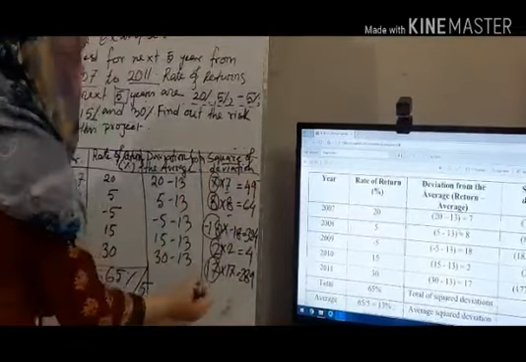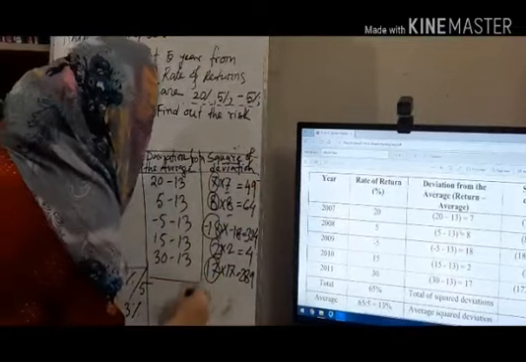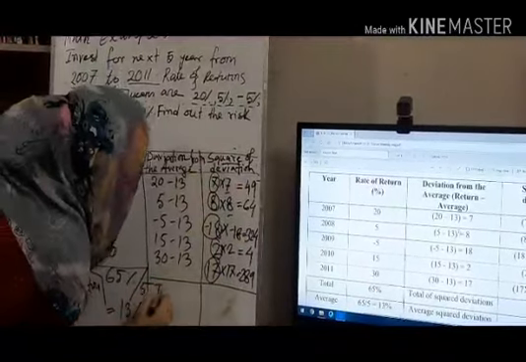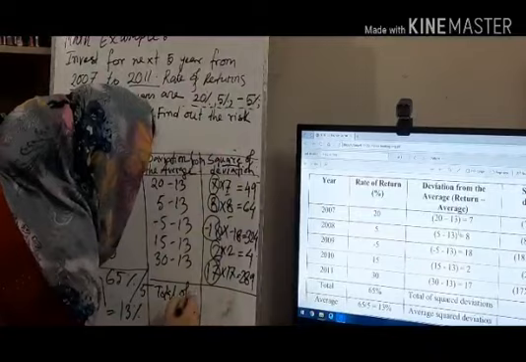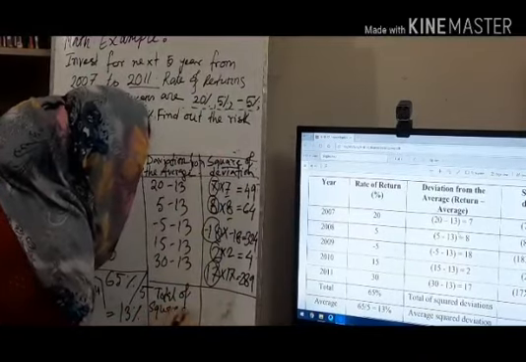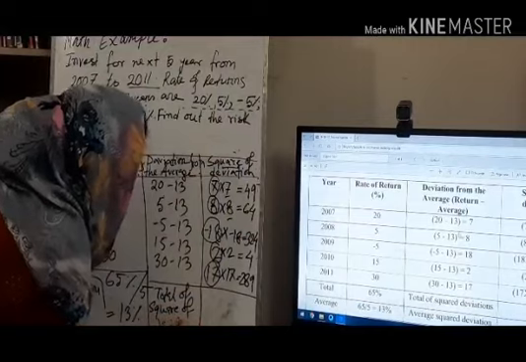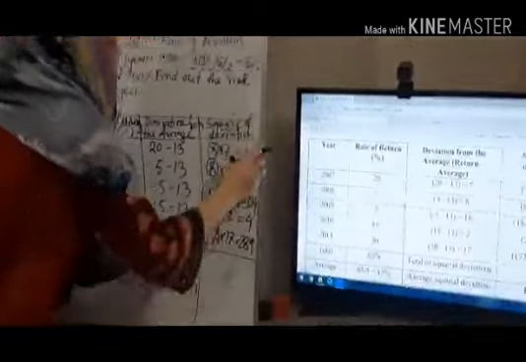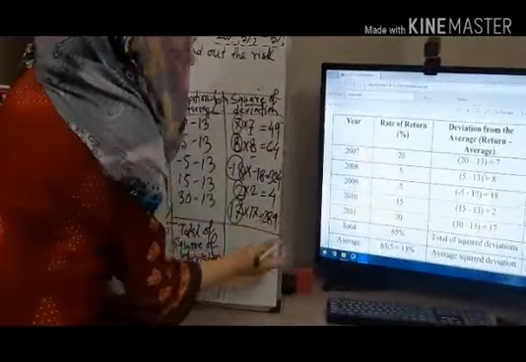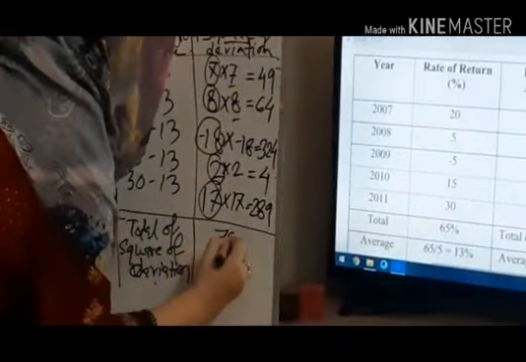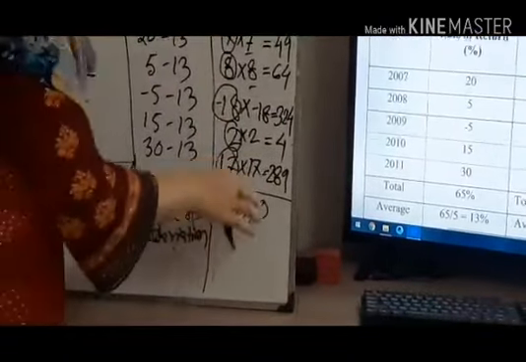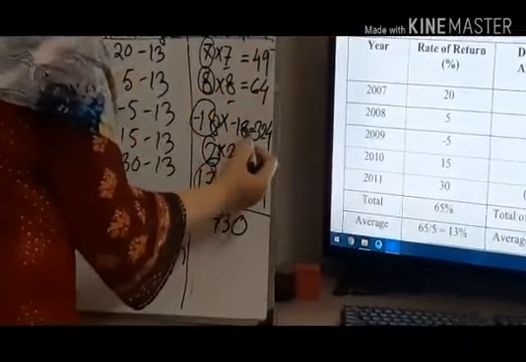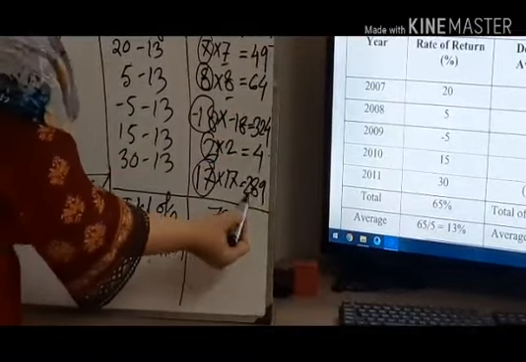Now the total of square of deviation is the addition of all these digits. 730. Through the calculator we can find the summation of 49, 64, 324, 4 and 289.